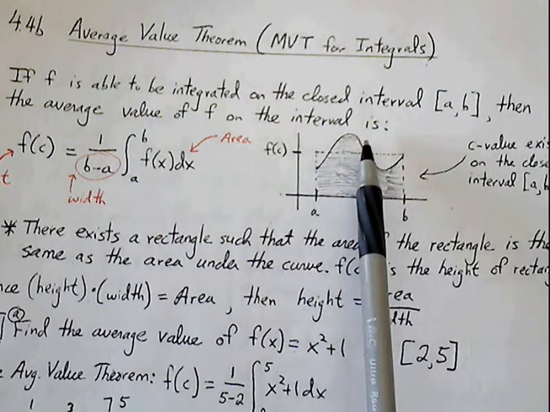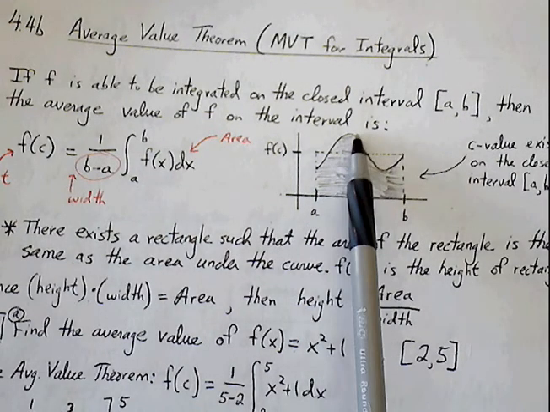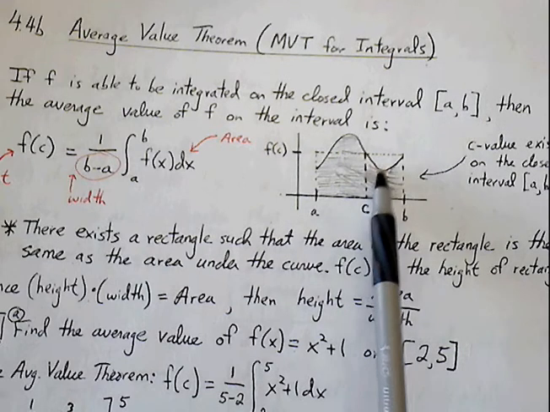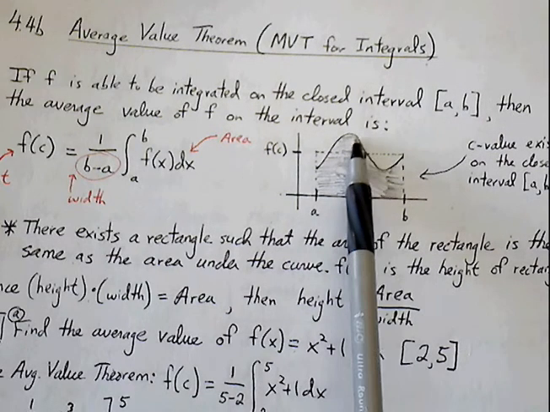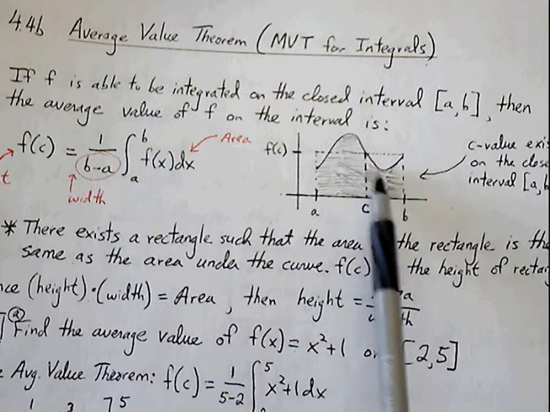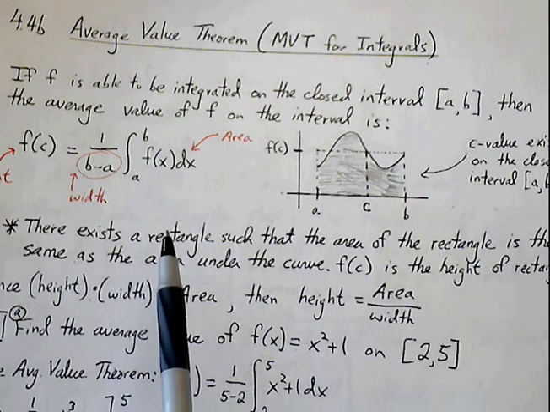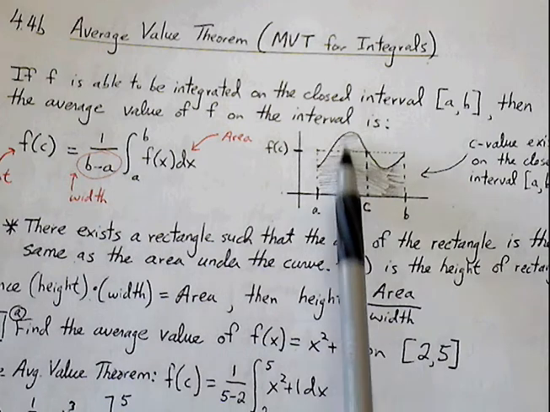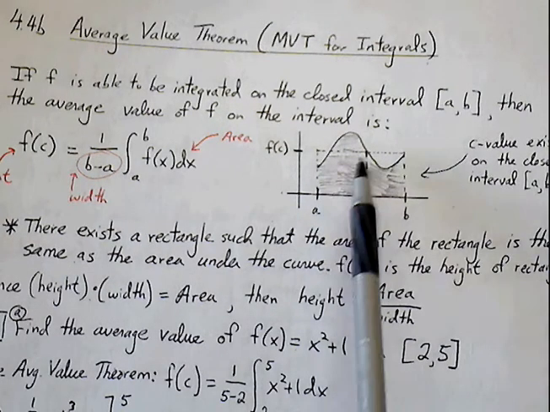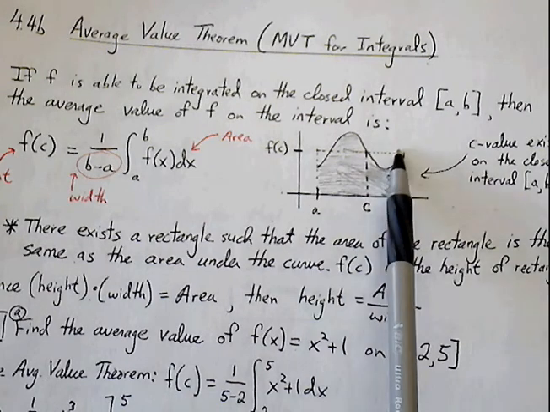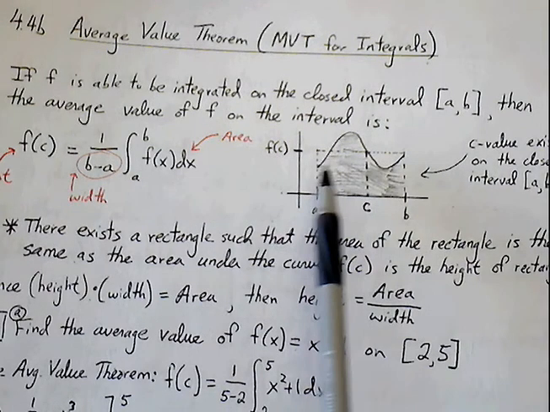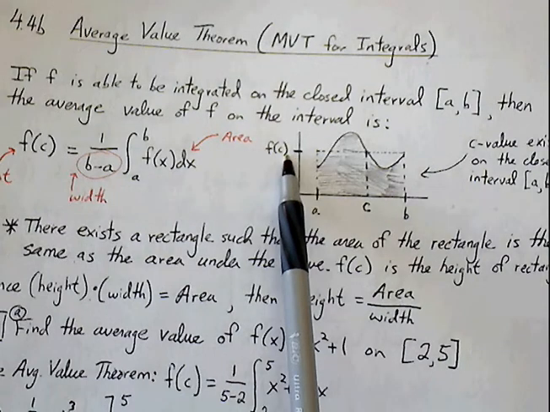Imagine we're able to push down on this, which will force us to go up. So imagine we're taking the shape and forcing it to fit into a rectangle. And the idea is if we can fit it into the size of a rectangle, then the height that we arrive at when we produce that rectangle will be the average height, the f of c.